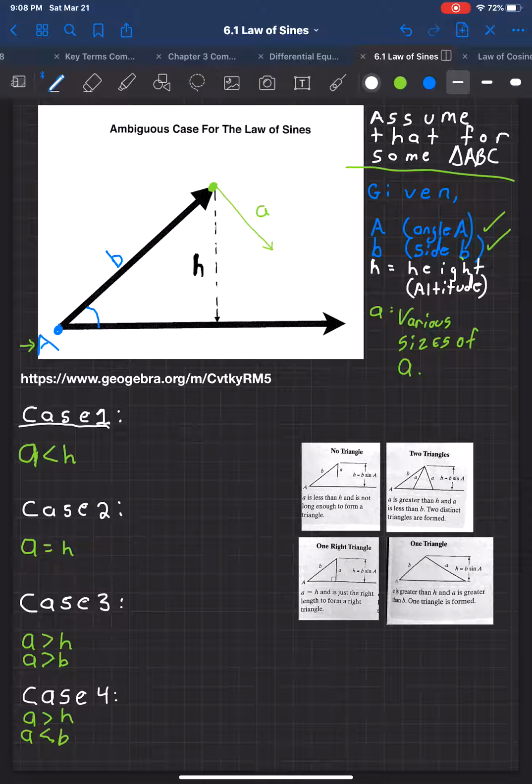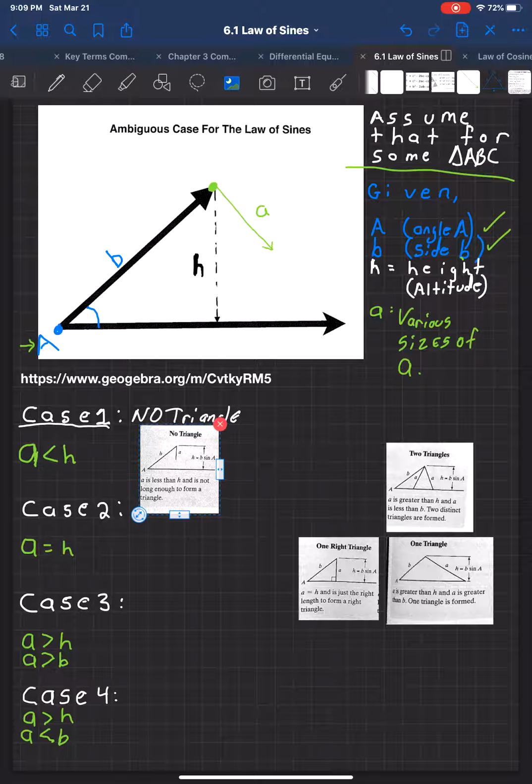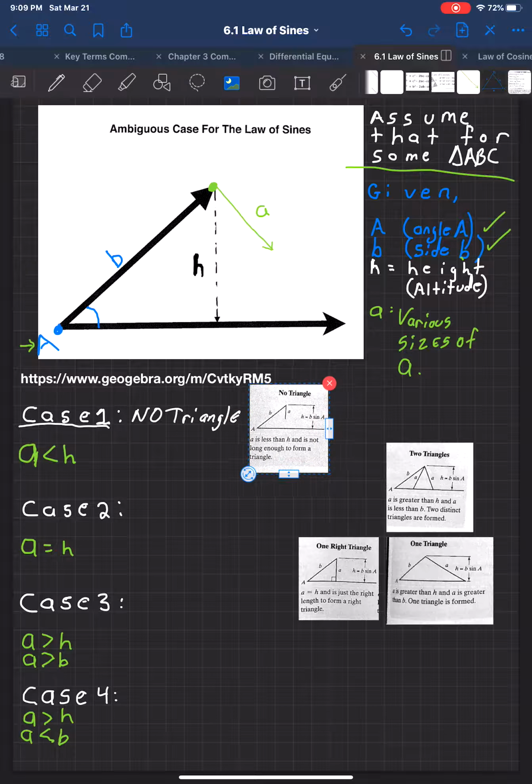So that's why I said the ambiguous case is a little bit harder, because for a scenario such as case 1, you don't even have a triangle. You have no triangle. All right, so I'm going to go ahead and grab this no triangle and put it right here.